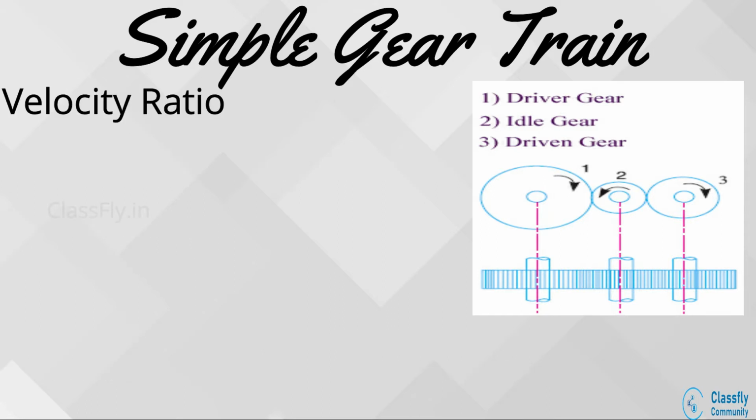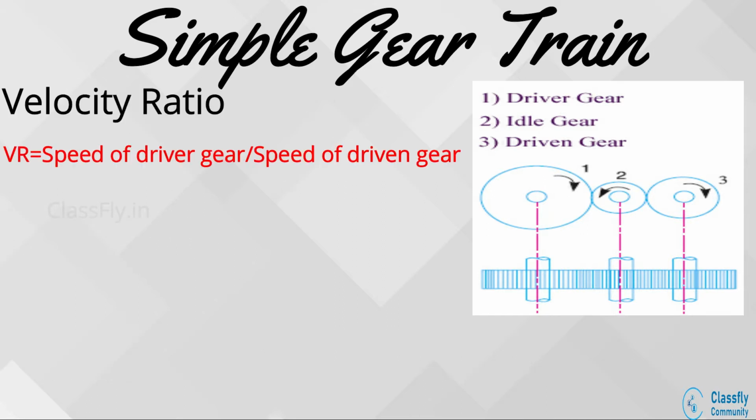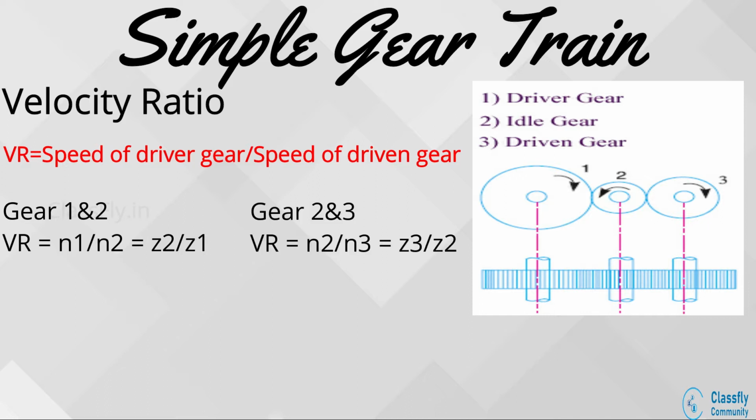Now, to find the velocity ratio of the simple gears. Considering gear 1 and gear 2, the velocity ratio can be given as N1 by N2 equal to Z2 by Z1. Considering gears 2 and 3, the velocity ratio can be given as N2 by N3 equal to Z3 by Z2.